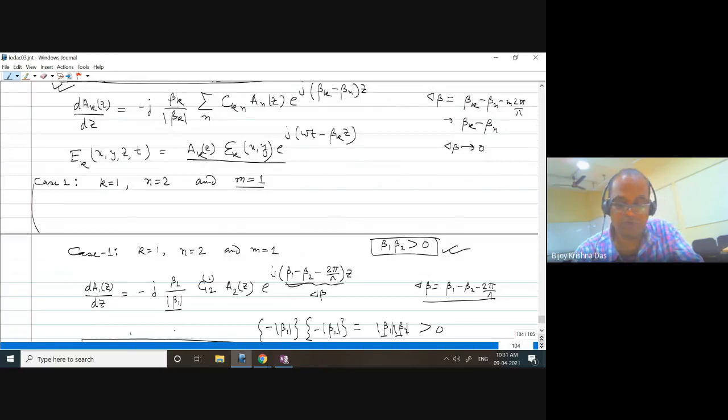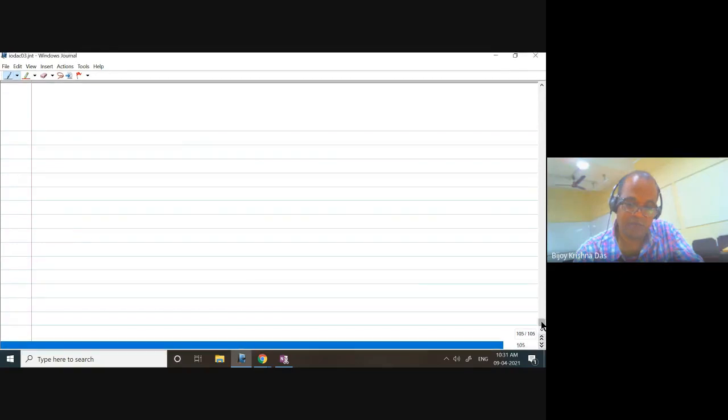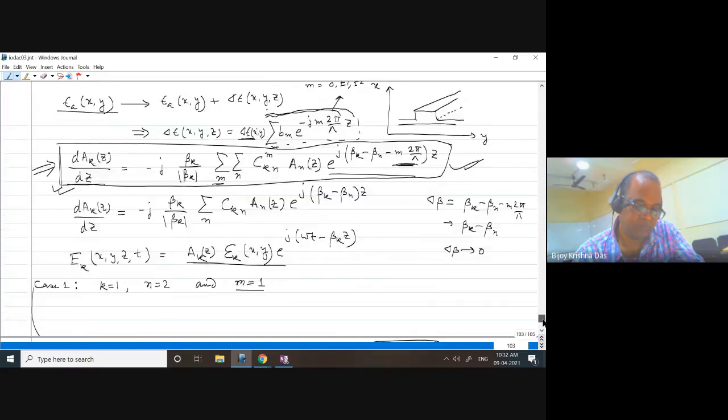That means both the modes are co-propagating, co-directional propagation. If both the modes are propagating in the same direction and they are under coupling, then we can write these two equations.